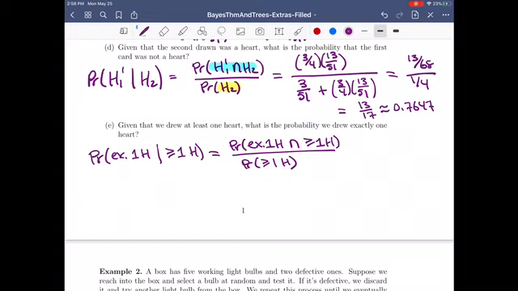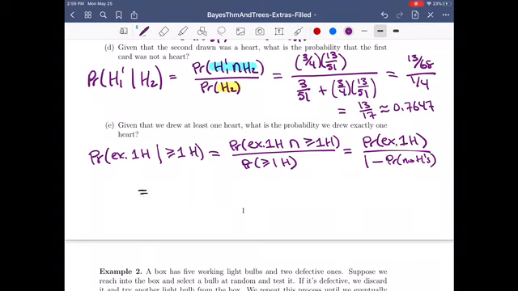So when are both these things true? Well, if I get exactly one heart, then I definitely had at least one heart. And I need to get exactly one heart. So the top is actually just the probability I get exactly one heart. And to compute the bottom, I'm going to do the complement, so 1 minus the probability of no hearts.